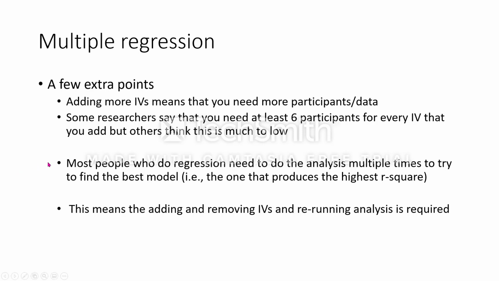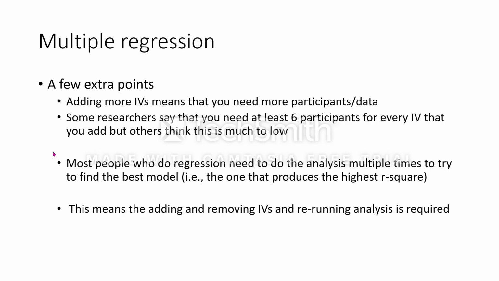So when people do multiple regression, it's often quite exploratory, and people will fiddle with different combinations of variables, trying to find the best model. What variables do we need to put in? What ones do we need to take out that's going to give us our best correlation coefficients?